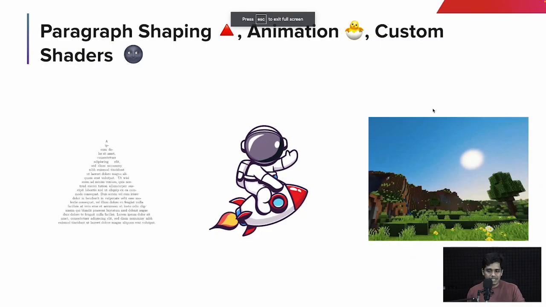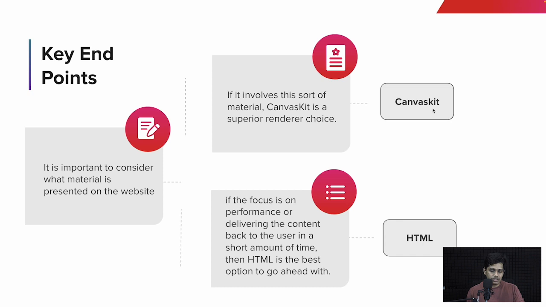Coming to the end of the talk, what you guys want to know, and what I have come across while going through the training, while I have tested these things out. So these are the things that I have found out, right? Let us say that you are building a web application and your focus is just on the content and the time you are taking to deliver the content to the user.